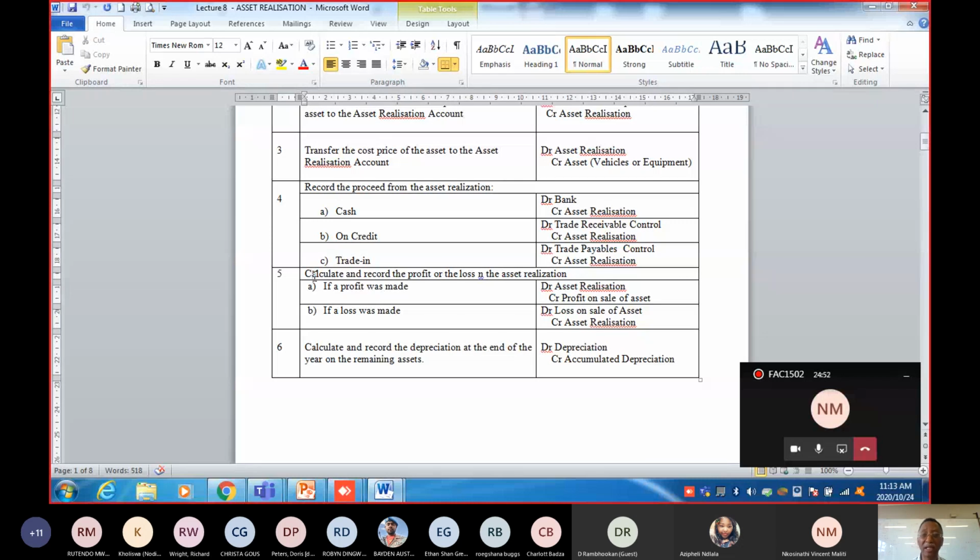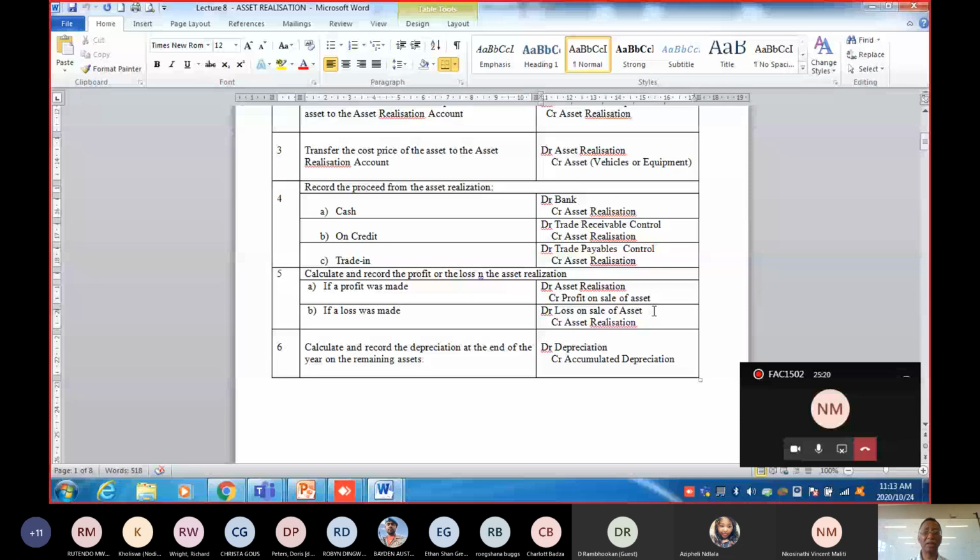We must therefore credit your account profit on sale of asset and you debit your asset realization account. If you've made a loss, then you deal with an account called loss on sale of asset. Loss on sale of asset is an expense. Expenses increase on the debit side. So you will debit your account, loss on sale of asset, and you credit your asset realization account.